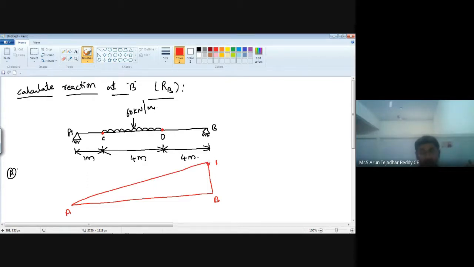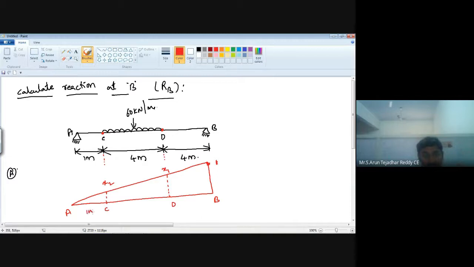This is our influence line diagram. Here the maximum intensity is 1. But from C to D it has a uniformly distributed load. So at point C and point D, calculate the ordinates x1 and x2.